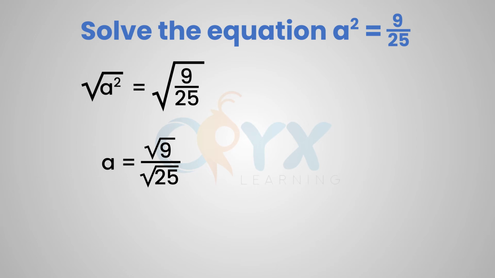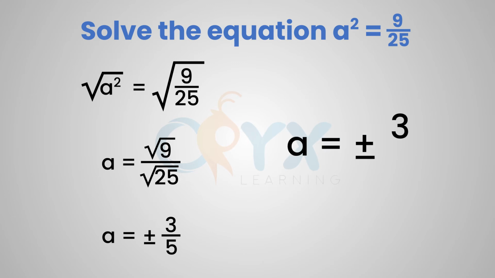So taking the square root of both sides of the equation and simplifying, remember the square root of 9 is 3. The square root of 25 is 5. So the square root of a squared equals the square root of 9 over 25 simplifies to just 3 over 5. And because it's an even-powered root, we'll include that plus or minus. So a equals plus or minus 3 over 5.